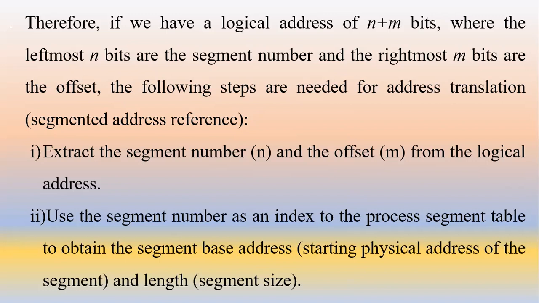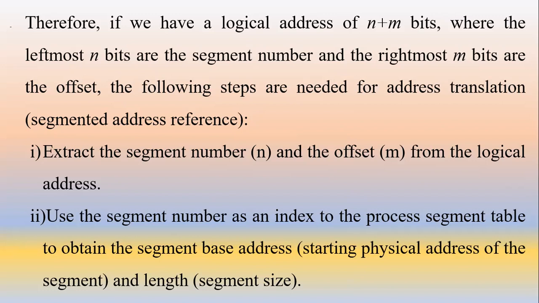Second step: you use the segment number as an index to the process segment table to obtain the segment base address, that is the starting physical address of the segment, and the length, or what we call the segment size. For you to be able to get this index, you need to convert the binary digits for the segment number to their decimal equivalent.